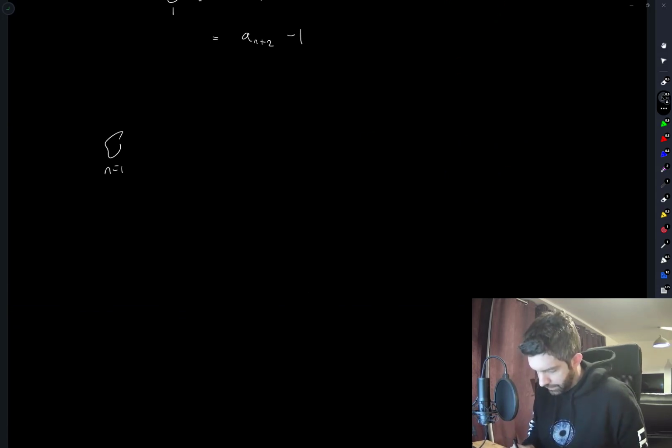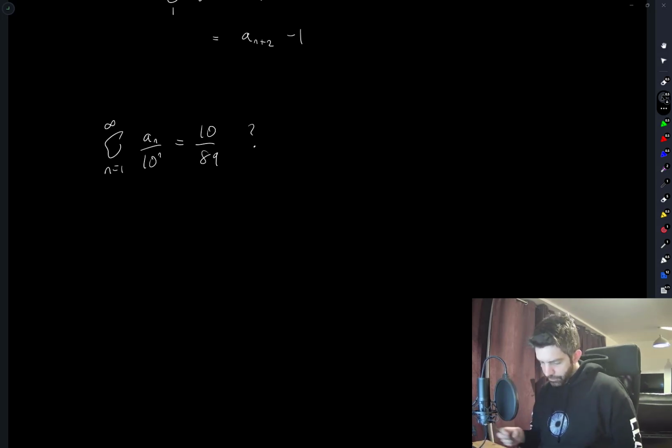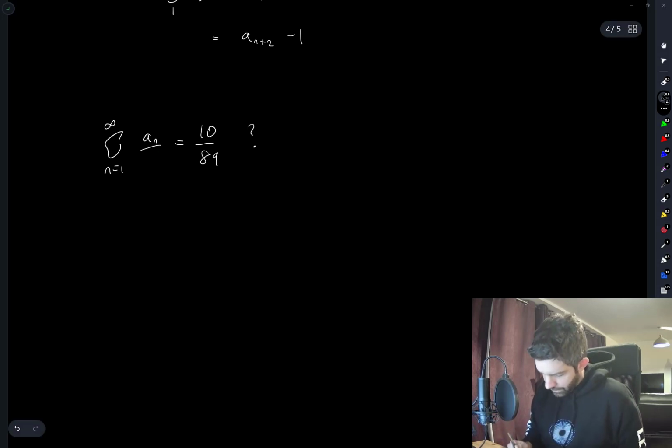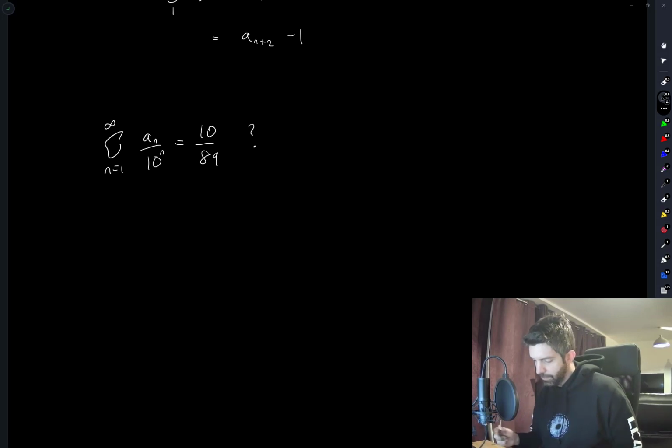My intuition is telling me that these last 2 are not correct, but this is interesting, right? Because we're basically saying take the terms in the Fibonacci sequence and write them as a decimal. Actually, maybe this could be correct, right?